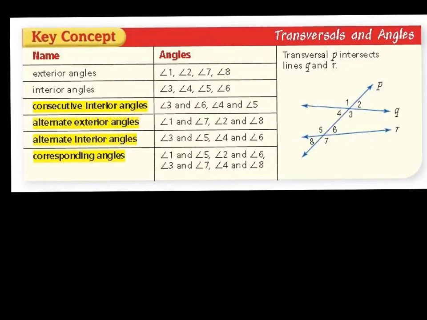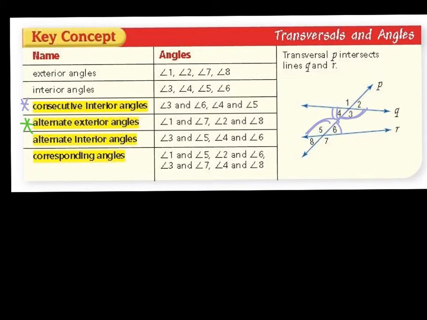Consecutive interior angles. The word consecutive means next to. Interior means inside. So consecutive interior angles include angles 3 and 6, and 5 and 4. Instead of consecutive, alternate means switching, and exterior means outside.